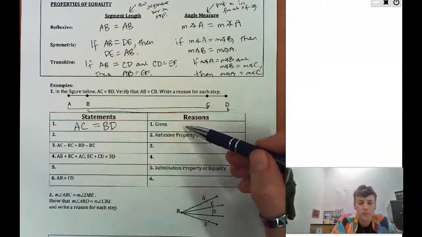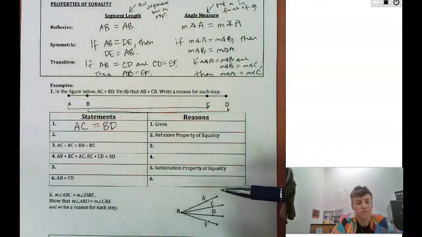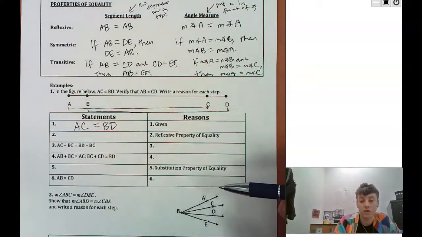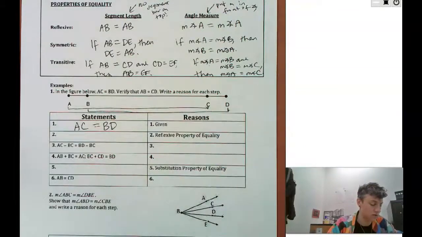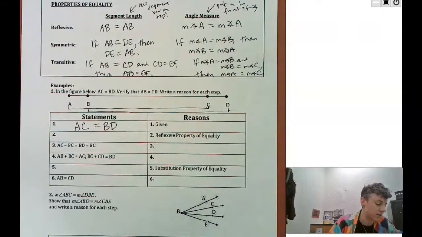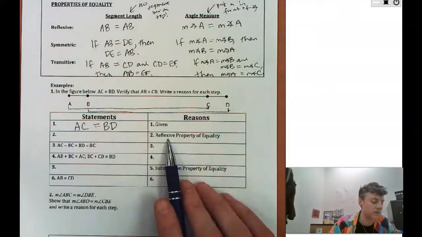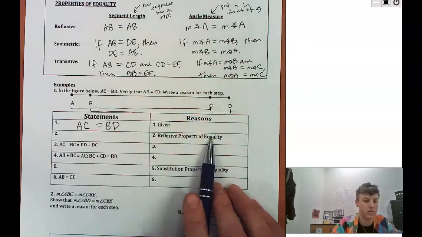A lot of these proofs, when we first start, you're going to get some hints on where to go, because these are definitely challenging. You've got to kind of learn the way that we organize these two-column proofs. So it gives us a hint, reflexive property. Reflexive property meant something is equal to itself.